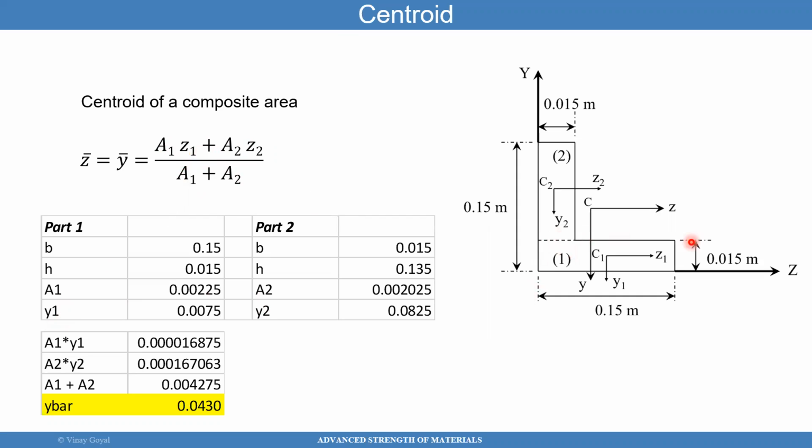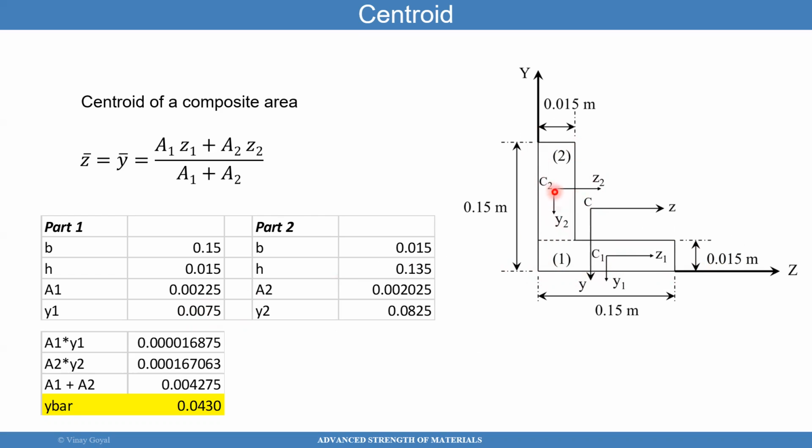For part number 1, the centroid is right here in the center of this rectangle. So the distance from the bottom here to that point is 0.015 divided by 2 for part 1, and that's 0.0075. And then for part 2, we need to calculate the distance between this point all the way down here, which is 0.015 plus half of this distance here, because we're looking at this rectangle.